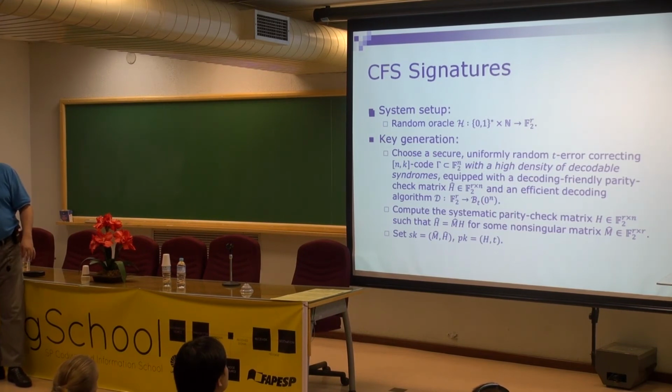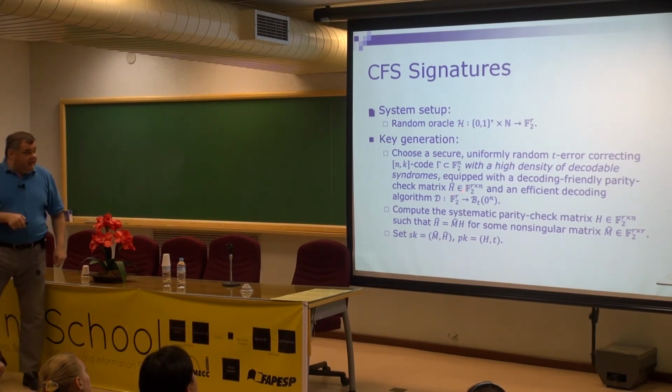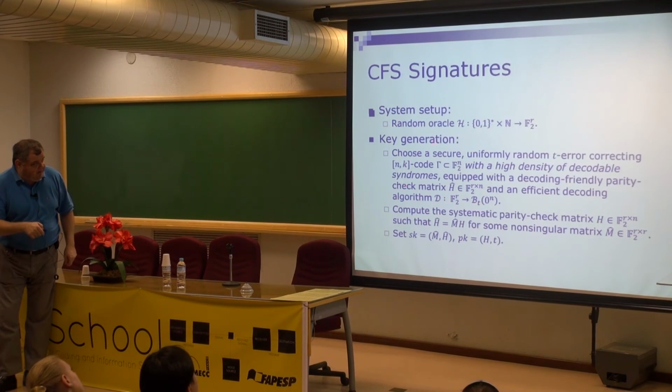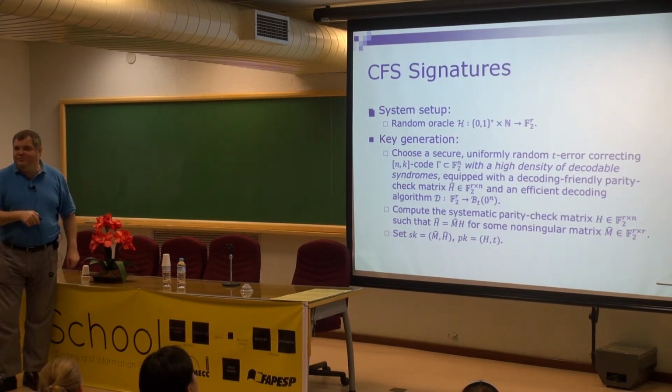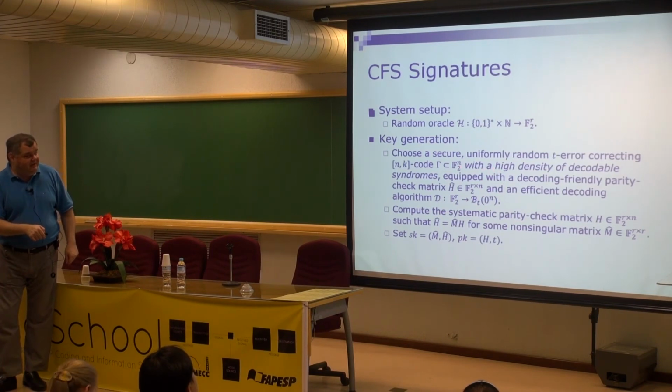How do we build a key here? It's essentially the same way that we build a Niederreiter key. So this key was based on Niederreiter. If you compare this paragraph with the corresponding one for Niederreiter, you see that the difference is only this part in italics.